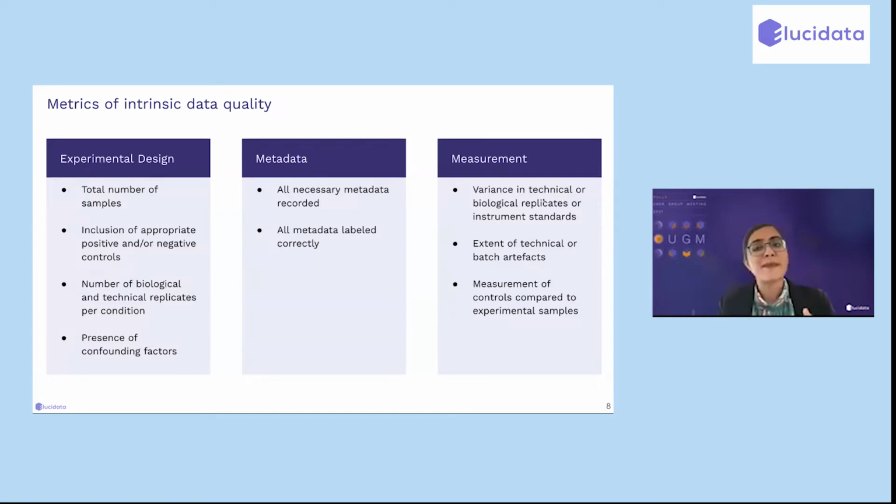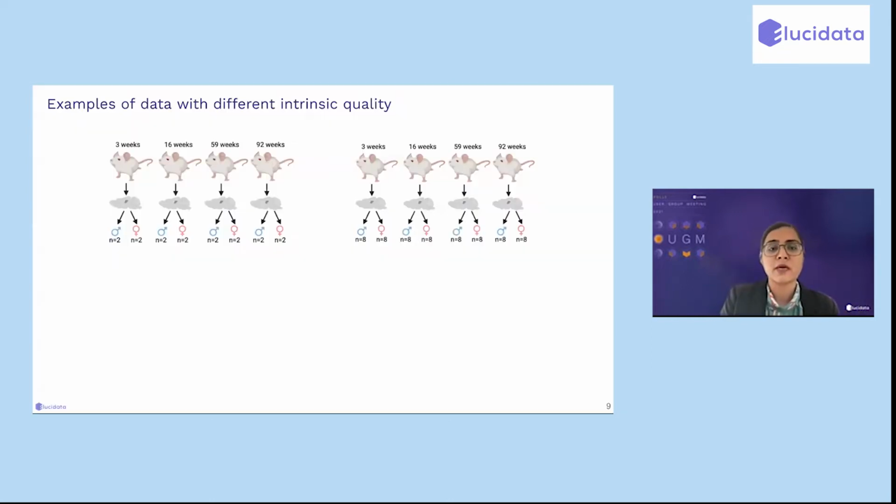There can be many more criteria within measurement, but the idea is that these are intrinsic to the data, and they can only be controlled while the data are being generated, and they cannot be improved upon once the data have already been generated.